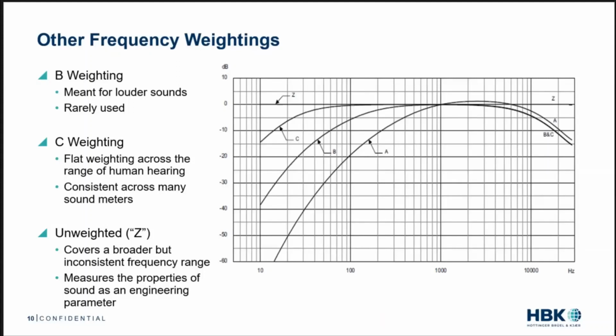Sometimes an intermediate B-weighted filter is also specified. The unfiltered Z-weighted measurement will extend the measurement to the frequency extremes of the instrumentation and represents the best value for the level of sound pressure at the microphone. The Z-weighted response will vary from sound level meter to sound level meter based upon the microphone and signal processing limitations of the instrument.